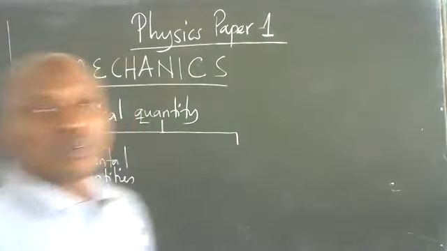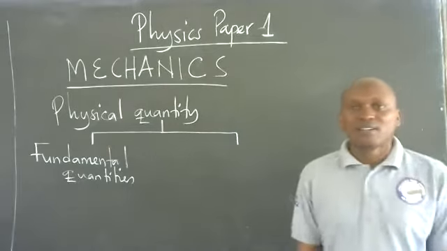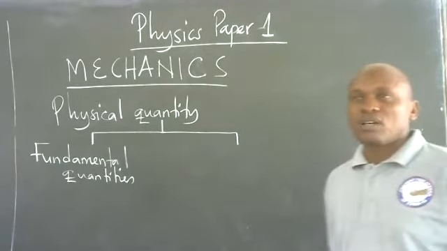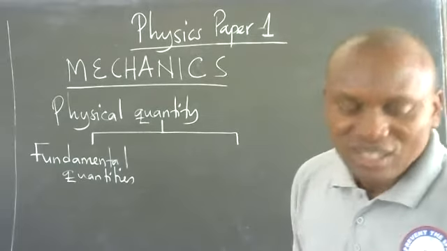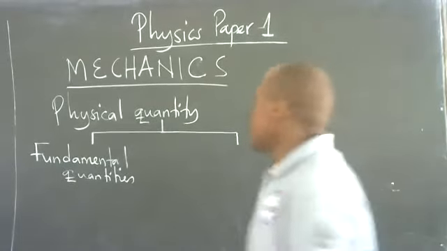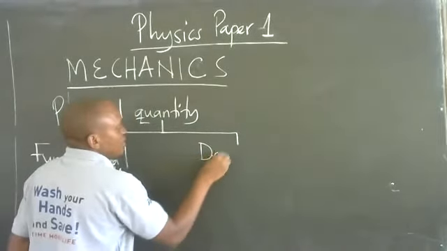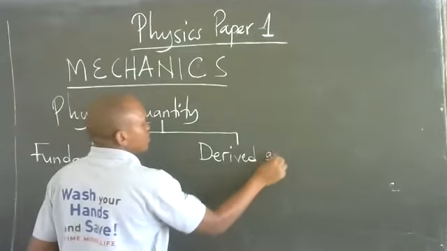One part is fundamental quantities, then the other one is quantities which are not fundamental. They are what? Derived quantities. This side we have derived quantities.